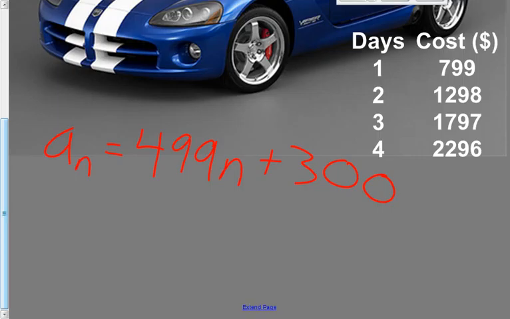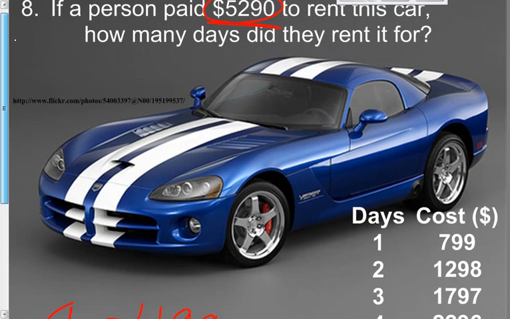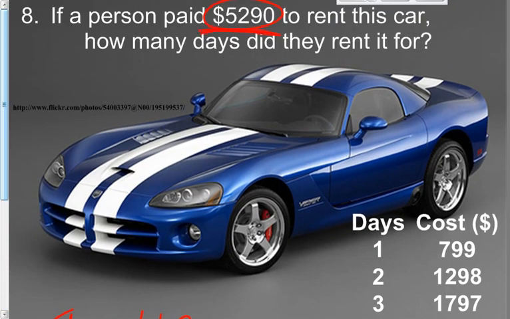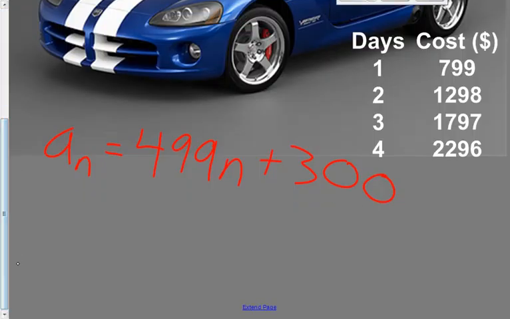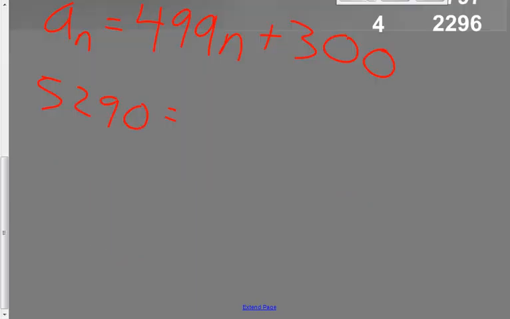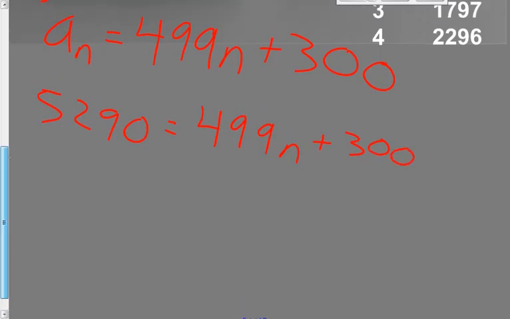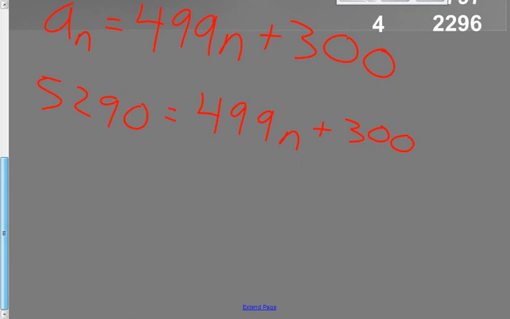So if I know the value of my last term, the value of my last term is 52.90, that number goes right here. So 52.90 equals 4.99n plus 3. When it says how many days can I rent it for, I want to solve for variable n. So I want to get n all by itself. So I'm first going to subtract 3.